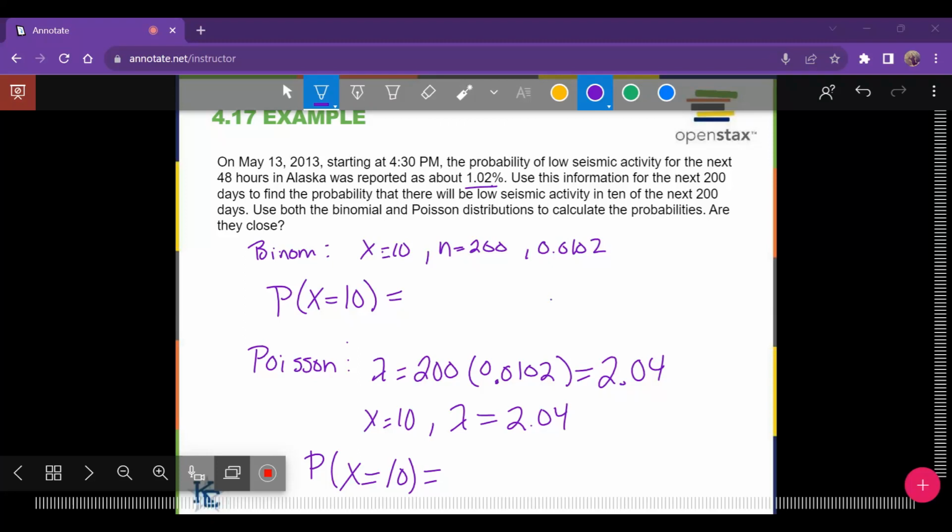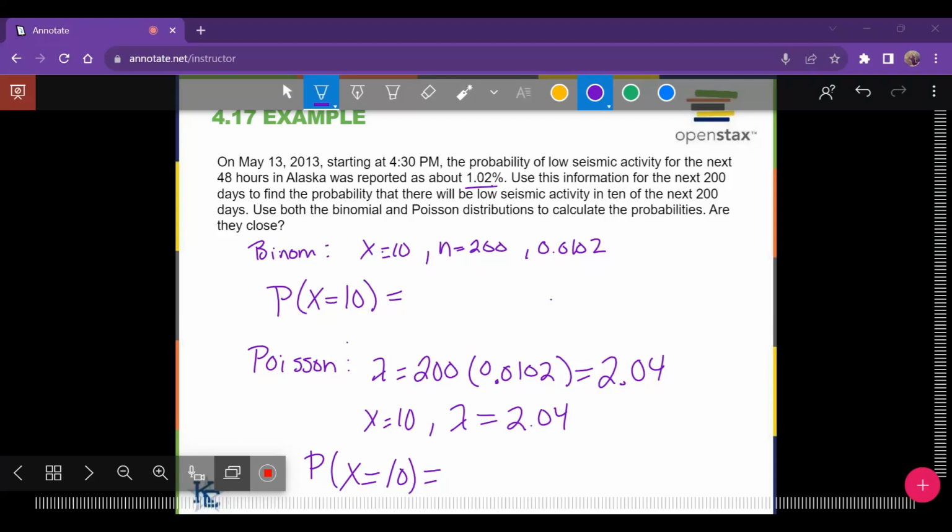Very good. Okay, so for this one here, let's do the Poisson distribution. This time we're still looking at 10 as our success, but this time we had calculated our lambda over that 200-day period. And again, we're using equal, so it's going to be false when we ask about cumulative.